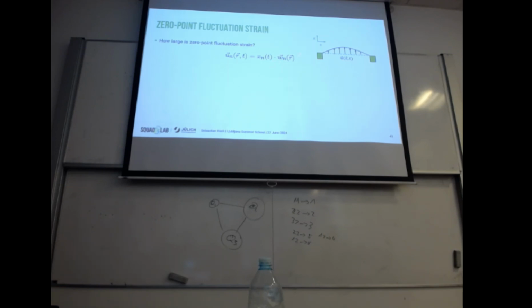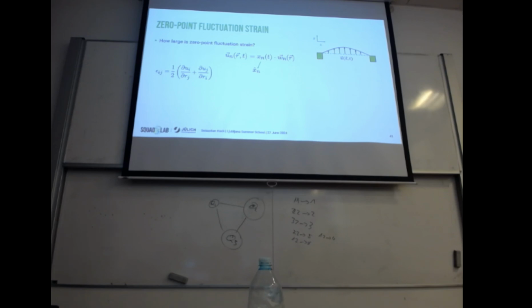This pattern is normalized to a magnitude of 1, so the maximum value is 1, and the amplitude just obeys the harmonic oscillator equations. Which also means that this is the classical description, and we can introduce an operator, which is then harmonically quantized.